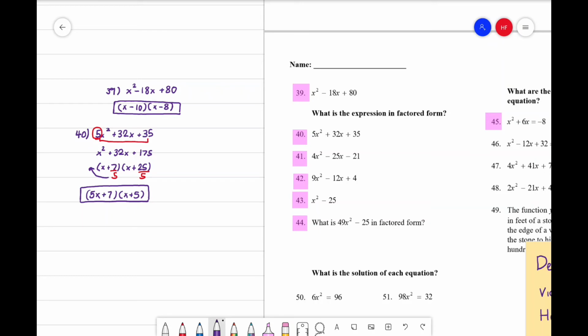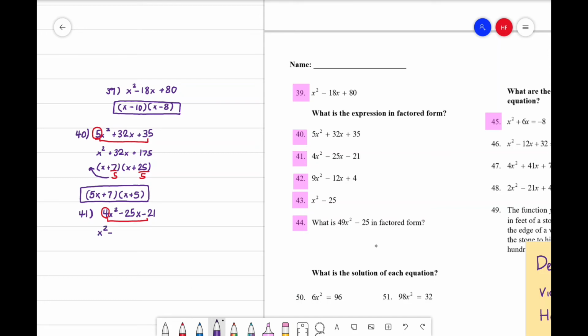Number 41, we're going to do the same thing. 4x squared minus 25x minus 21. Multiply the last number by 4.